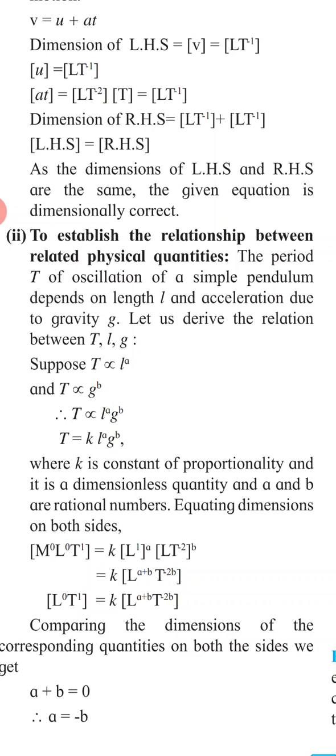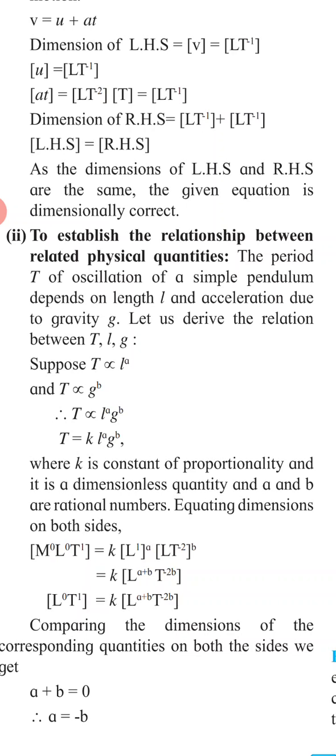So if you multiply it, it will be L^a L^b. So it will be L^(a+b) and T to the power minus 2b. So if you equate this term, it will be L0 T1 is equal to k into L raised to a plus b T raised to minus 2b.